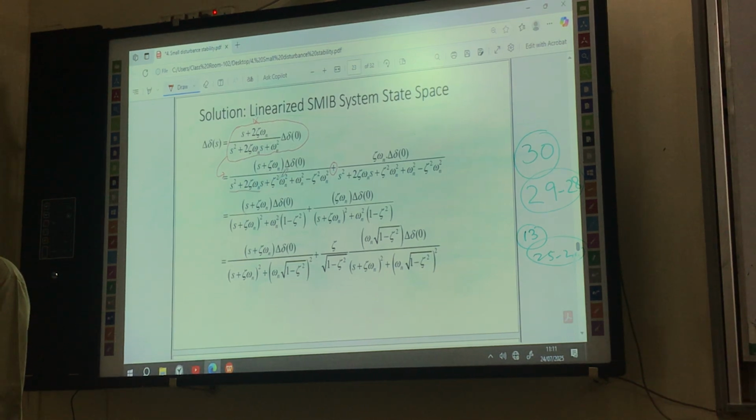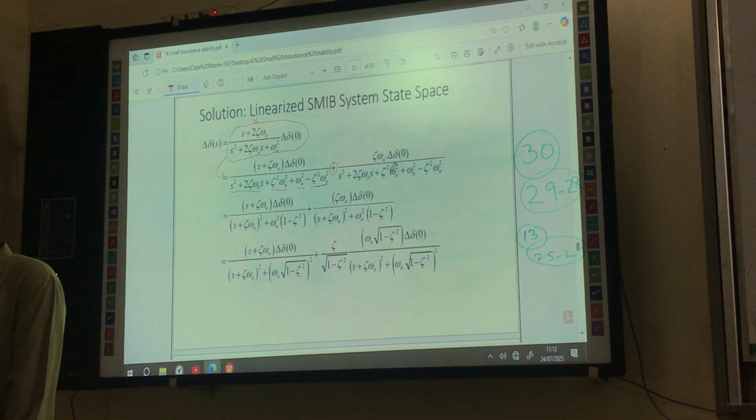But we have added zeta square omega n square, so you have to subtract the same term here. So this will be cancelled out, and you are getting the same thing, S square plus 2 zeta omega n s and this omega n square. Similarly here as well, look, plus zeta square omega n square minus zeta square omega n square.